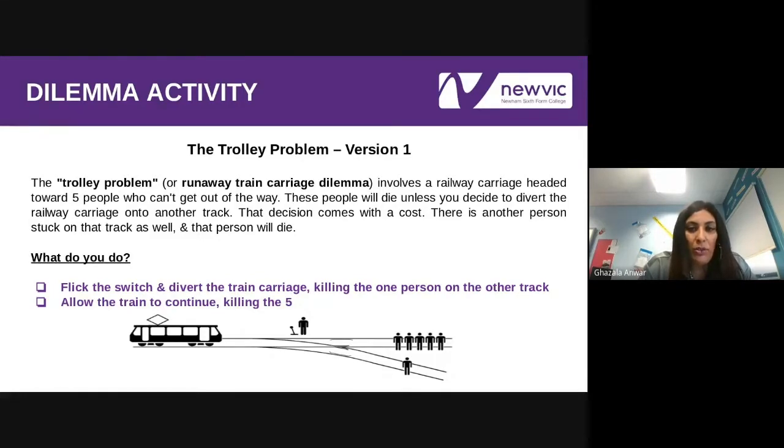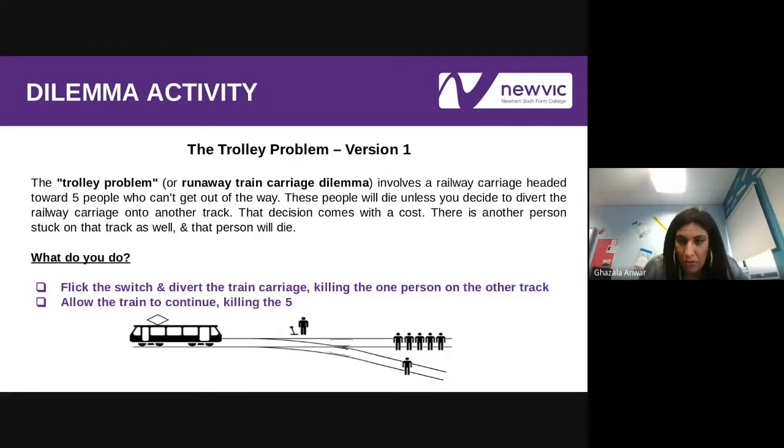These people will die unless you decide to divert the railway carriage onto another track. That decision comes with a cost. There is another person stuck on that track as well, and that person will die. What do you do? Do you flick the switch and divert the train carriage, killing the one person on the other track, or do you allow the train to continue, killing the 5?